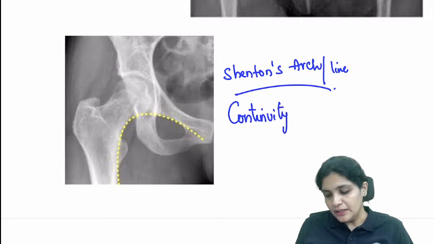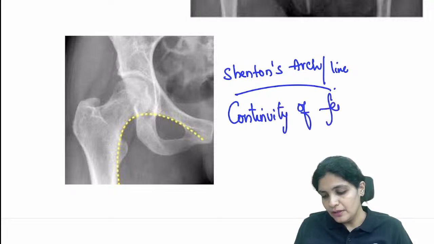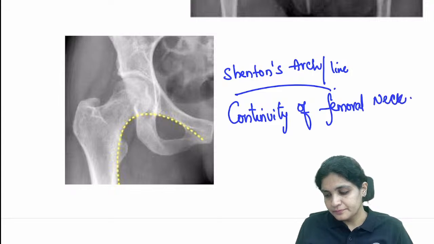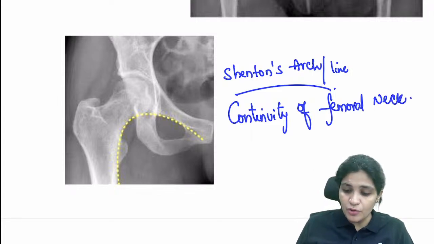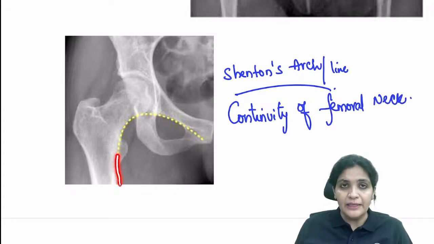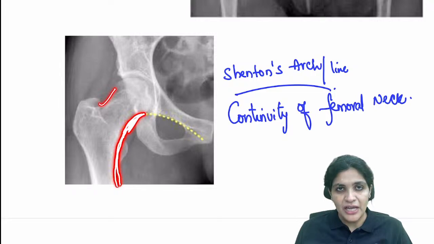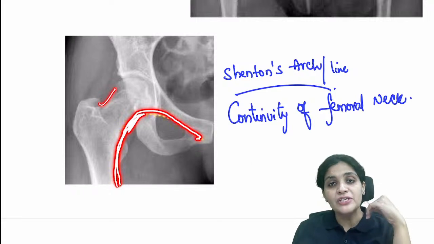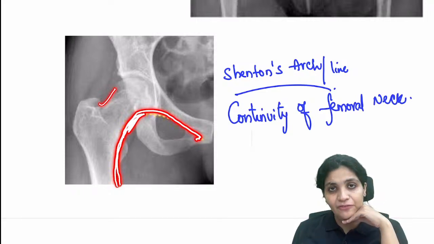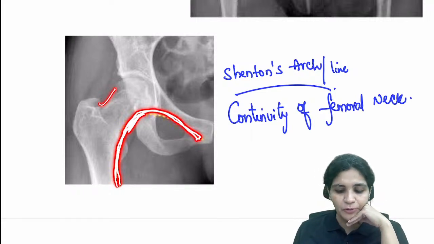of the femoral neck. Right, so how do you draw it? You draw along the medial margin of the femoral neck. So this is the medial side, right? And this is the lateral side. So you will take a line along the medial aspect of the femoral neck, which goes towards the inferior border of the superior pubic rami.